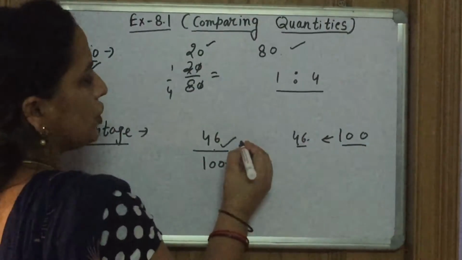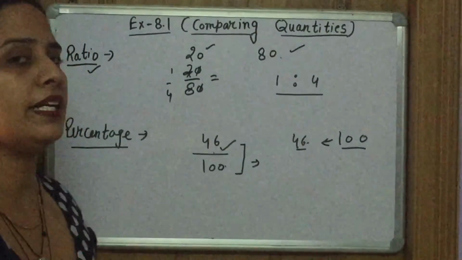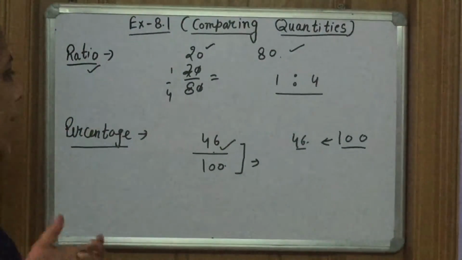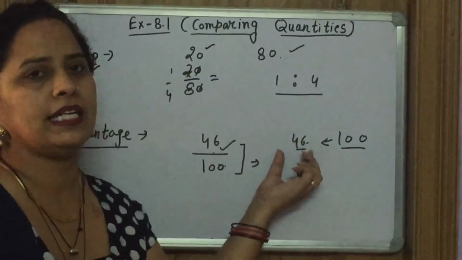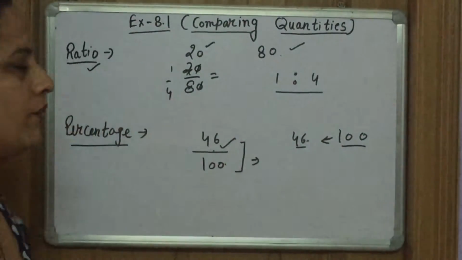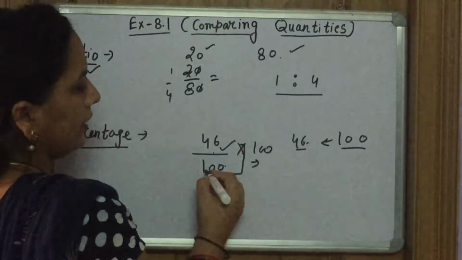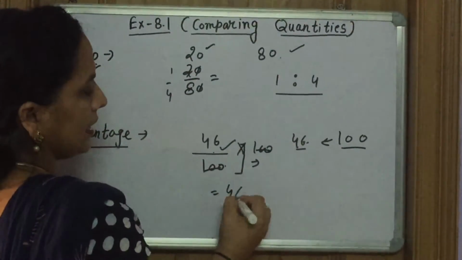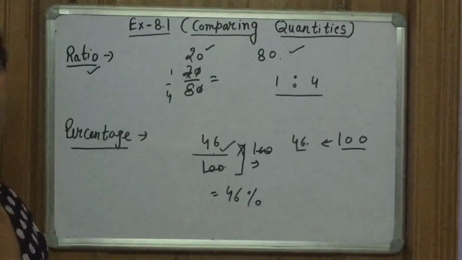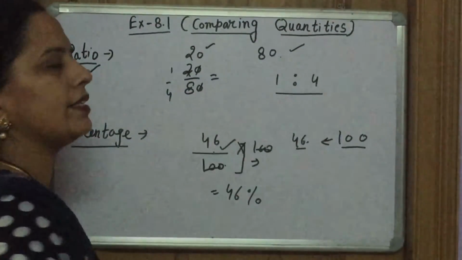If you have to change this number into a percentage, that means if you try to find out your percentage in this exam, what will we do? Multiply this number with 100, then you can say that I got 46% marks in this exam.